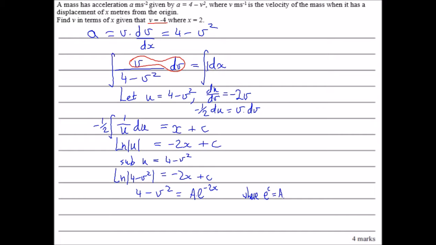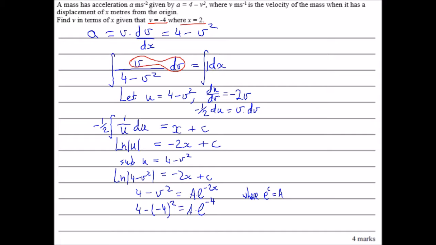Okay, so this is a good point to draw on our initial conditions. When v is negative 4, our x is equal to positive 2. So we've got 4 minus negative 4 squared, and that's going to give us an a times e to the negative 4. So what does that become?